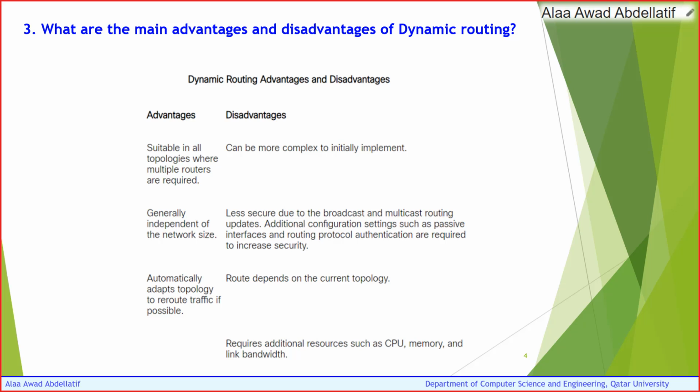So if the topology is changed, all routes have to be changed and we should recalculate the best path again. And another disadvantage, it requires additional resources like CPU and memory and bandwidth to build a routing table and find the best path to all destinations. But these are the main advantages and disadvantages of dynamic routing protocols.